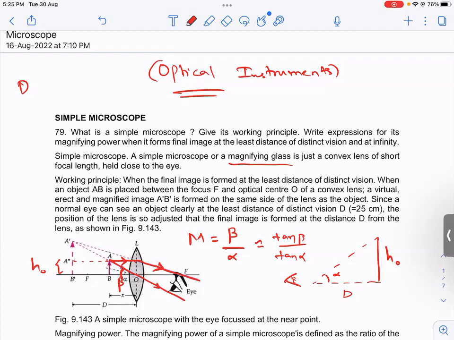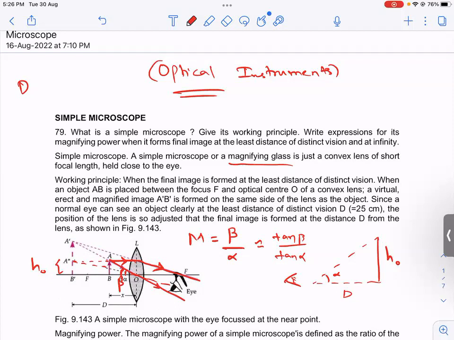Then through the optical center, that is through the eye itself, if you project it onto this point, what will this angle be? Just to bring alpha and beta into the same diagram, they write that. If this is confusing, you need not draw that actually.